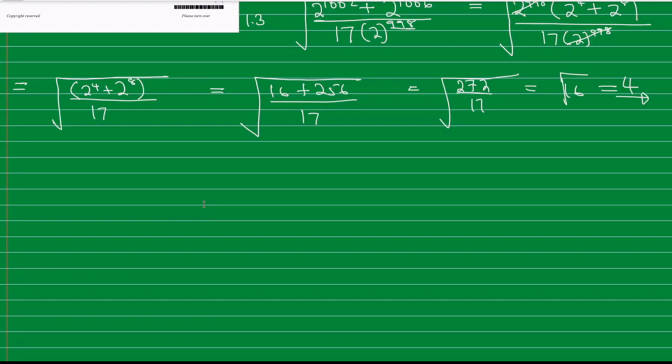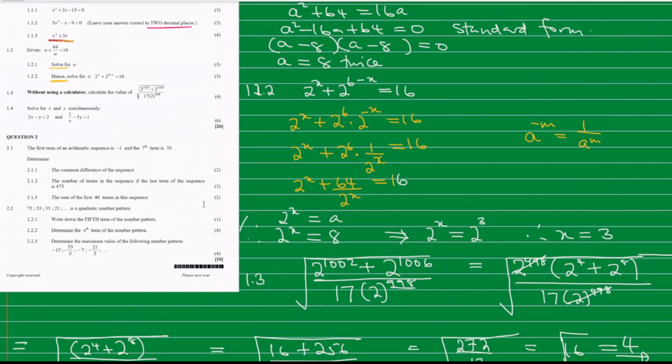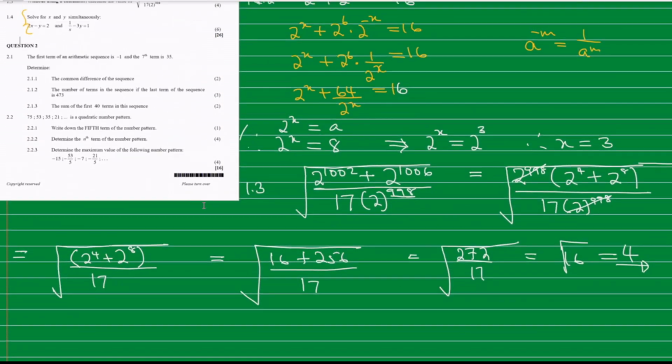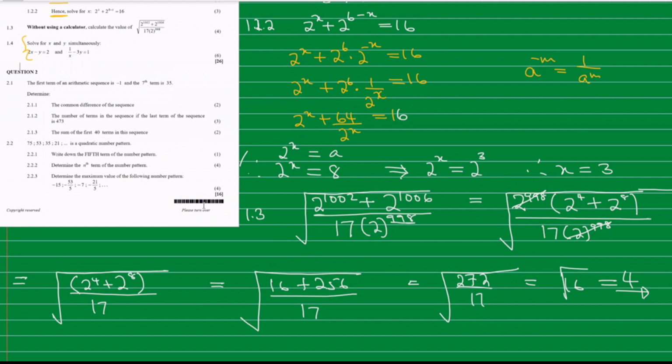Coming to question 1.4, the question says solve for x and y simultaneously. The equations given are 2x minus y is equal to 2 and 1 over x minus 3y is equal to 1. Okay, so write them here.